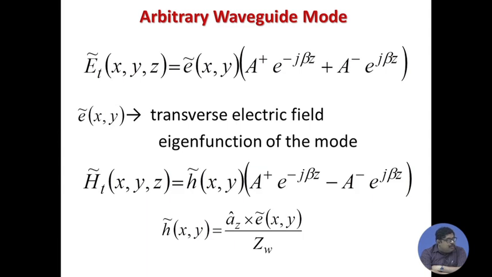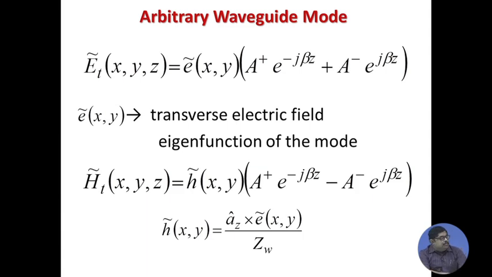Now, we know that electric field eigenfunction and magnetic field eigenfunction E tilde and H tilde, they are related through the modal impedance Z w. This is the field theoretic point.